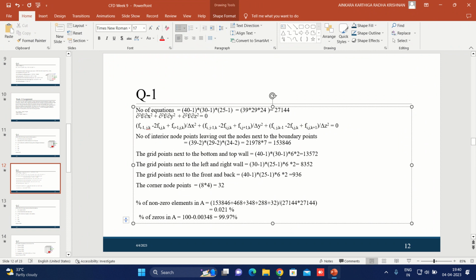Again, we have taken the interior most points, right?